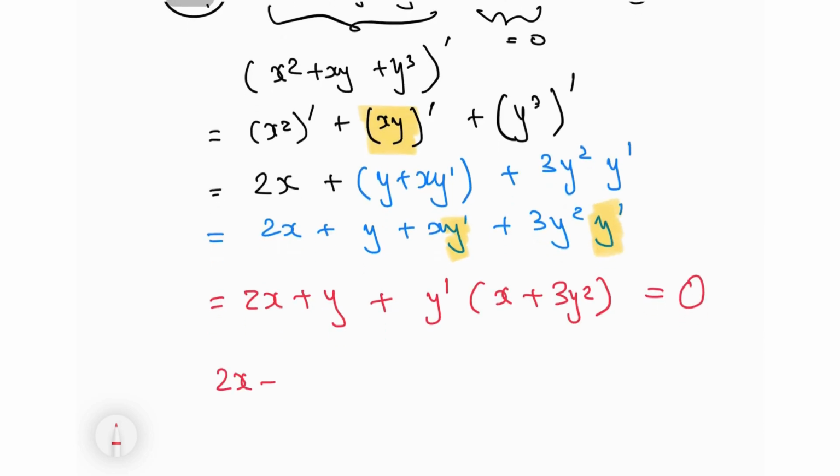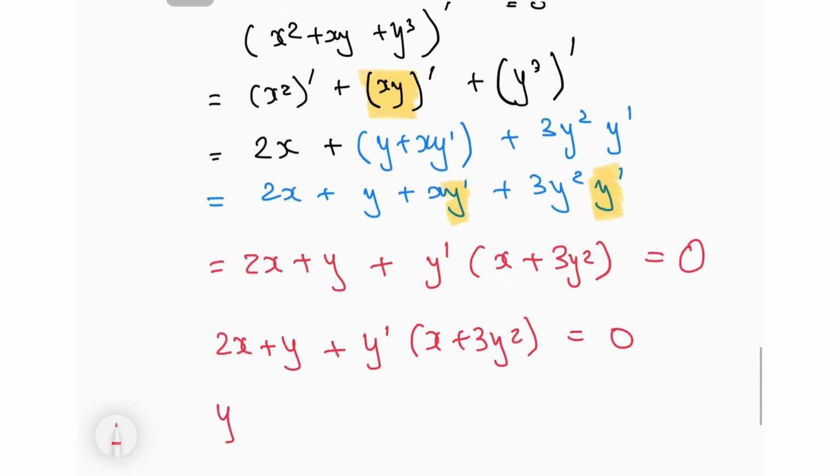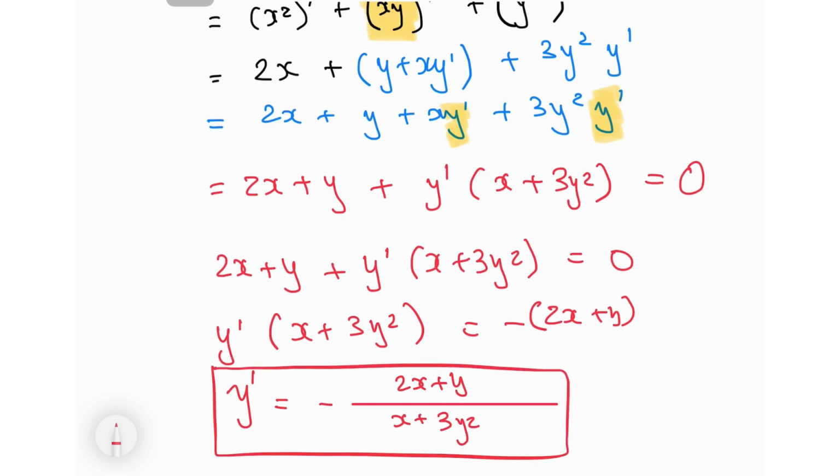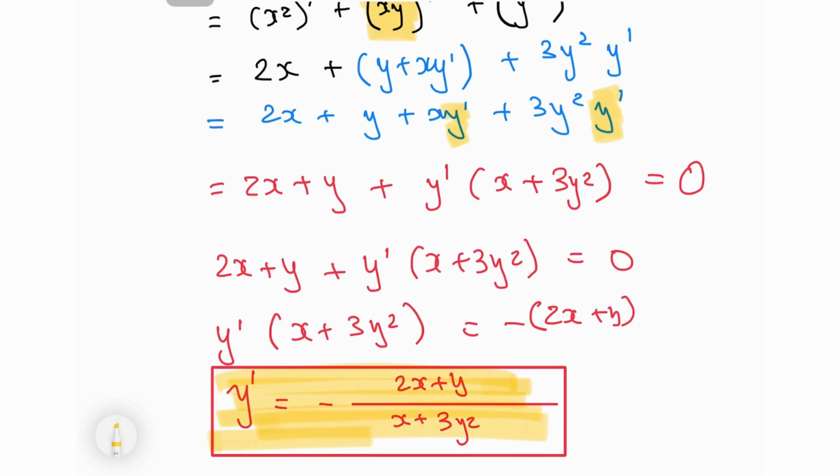That means y prime times x plus 3y squared equals negative 2x plus y, and now y prime equals negative 2x plus y over x plus 3y squared, and this is the final answer.